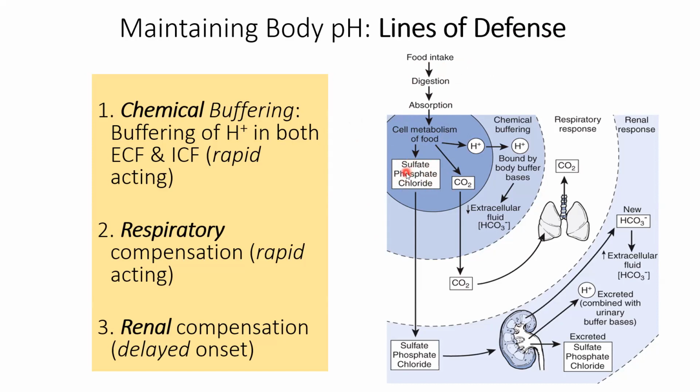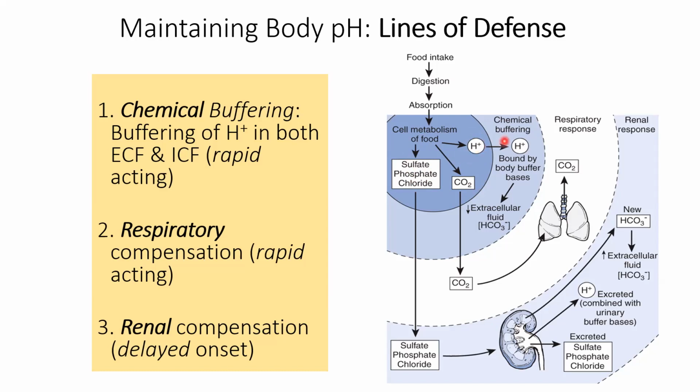One is fixed ions, your sulfates and your chlorides, which are strong and will give rise to a strong acid. They are produced inside the cell. You have carbon dioxide, which is produced inside the cell, and you have free hydrogen that is produced inside the cell. We'll start with the free hydrogen because this has the potential to drastically affect pH. As soon as they are made, hydrogen ions are combined with intracellular proteins.